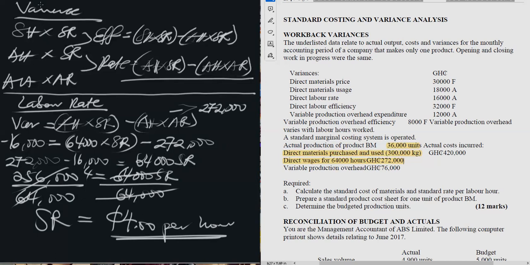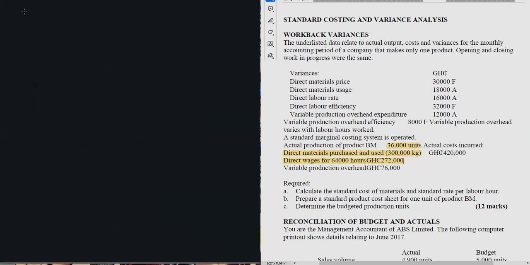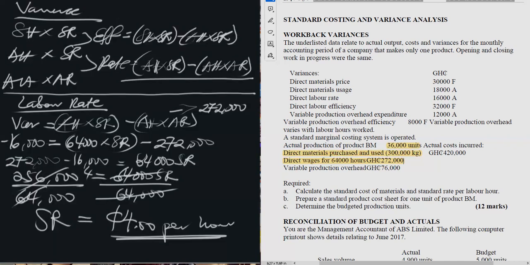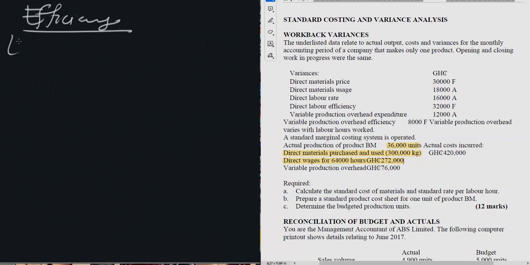So now that you know the standard rate for labor, it is easy for you to calculate what? Your efficiency variance. And we know that when it comes to labor efficiency, you go back to your formula. This is efficiency, right? So you come here, you say efficiency variance. It's actually what? Your standard hour times standard rate minus your actual hour times standard rate.